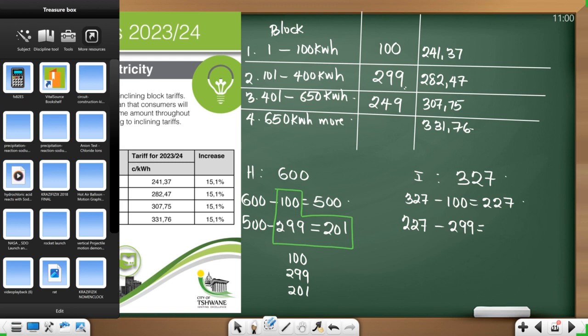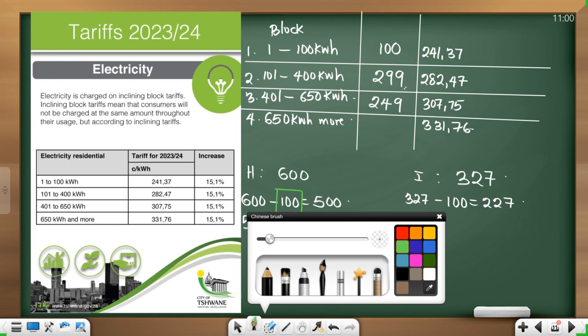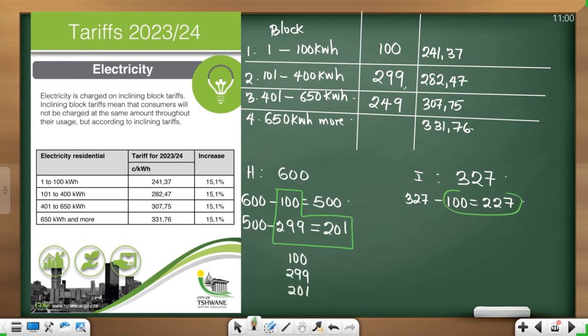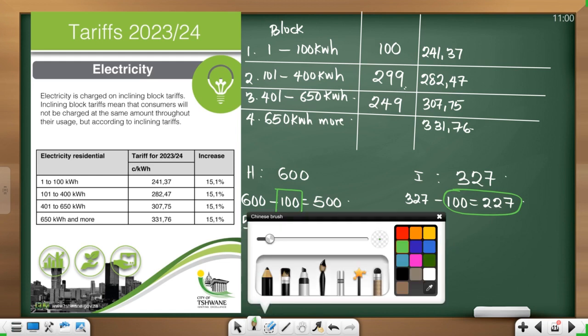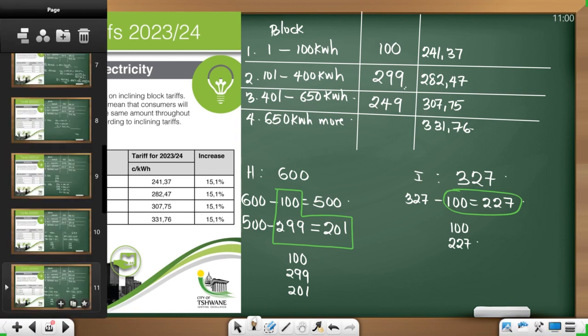When I get a negative, I need to stop. So what will my answer be here? My answer would be just the first two, 100 and 227. This is actually very beautiful. I love it. Let's do a few more using this method.